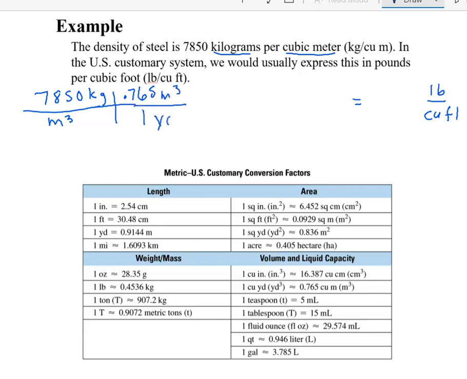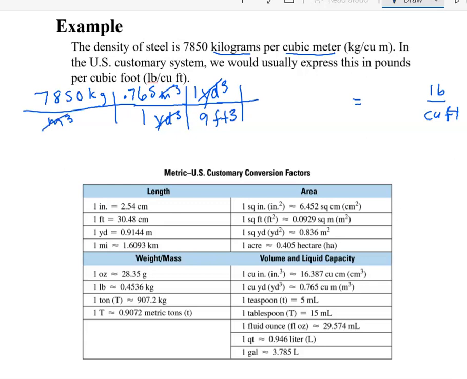I know that 9 feet cubed is equal to 1 yard cubed. We need to switch that because we want to get rid of the yard cubed, so we want 1 yard cubed equal to 9 feet cubed. Okay, so now I've got my cubic feet on the bottom.